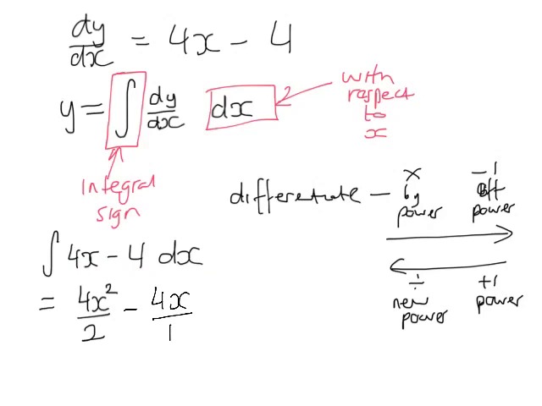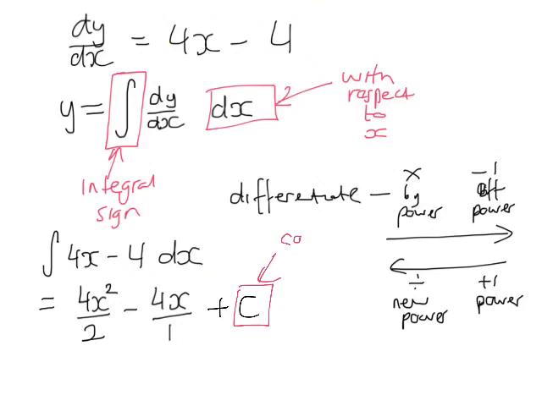As we saw in the first slide though, this derivative could come from many different functions. Okay, so what we need to do is add a constant of integration. We call this C, the constant of integration, because this could be many different curves, it could be many different functions.